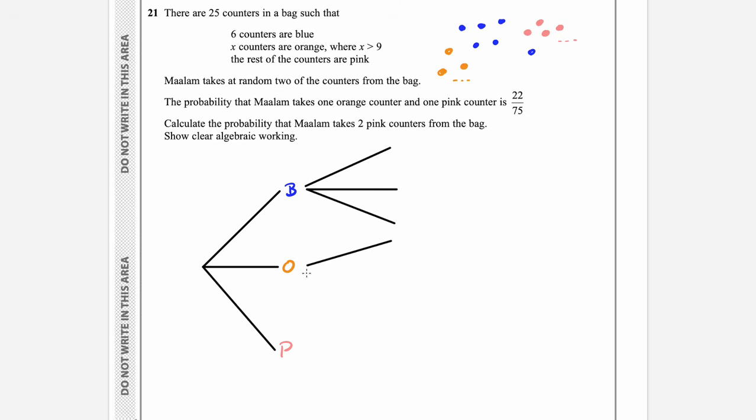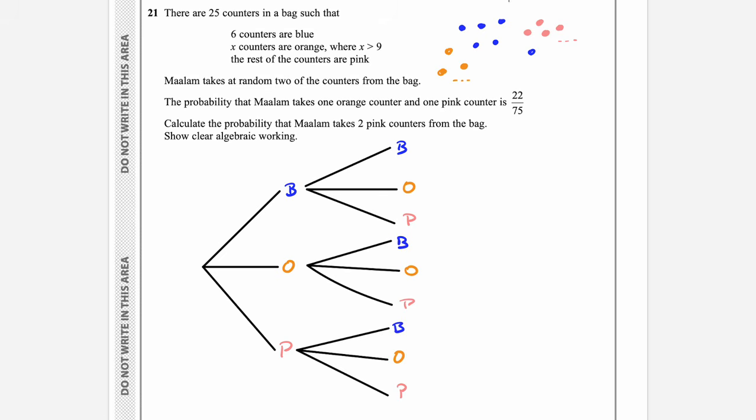And each one has blue, orange, pink, and blue, orange, pink. Okay, blue, blue, blue, orange, orange, orange, pink, pink, pink.